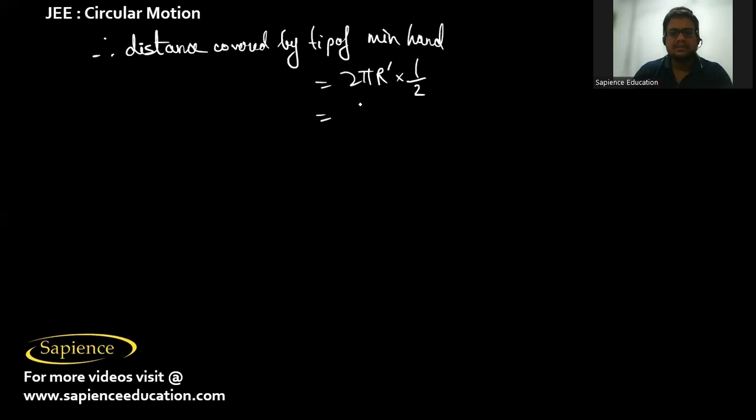So that will be pi r dash, which is 60 pi centimeter.